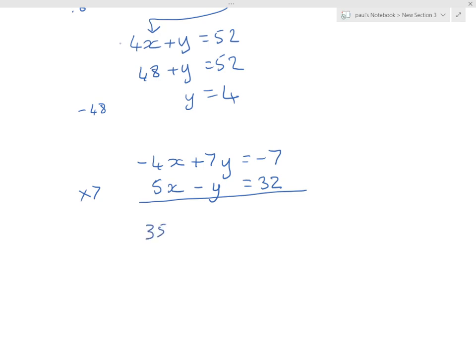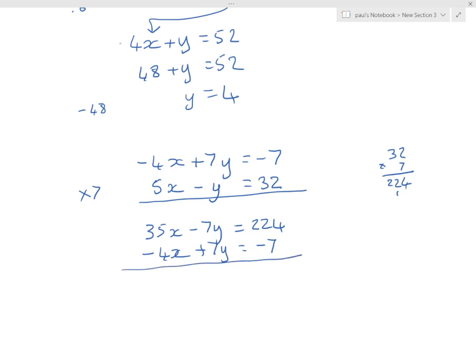So 35x minus 7y equals 7 times 32. 2 sevens are 14, and 3 sevens are 21, 224. And this one, minus 4x plus 7y equals minus 7.